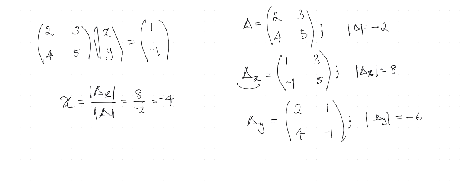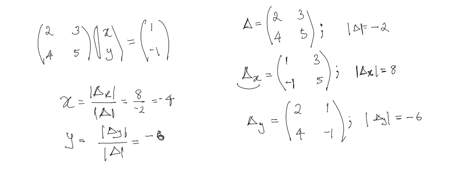Y is calculated as delta y divided by delta. You are following this procedure. It's called Cramer's rule, named after the mathematician Cramer. So it will be minus 6 by minus 2, which is 3.